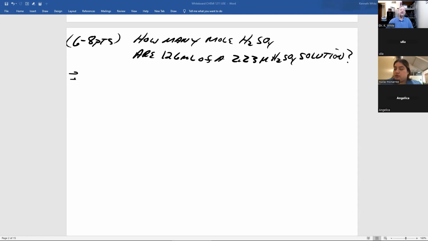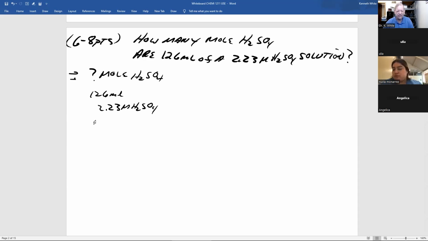All right, what are you being asked to find? Moles of H2SO4. What are you given? There's 126 milliliters of solution and this thing. And what does this mean?